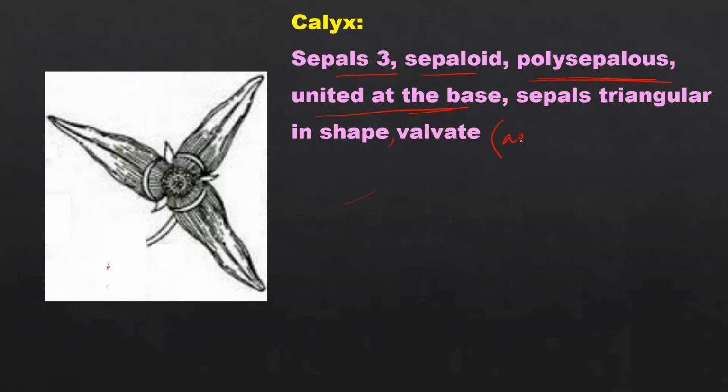Valvate, of course, you know. What is this valvate? This is aestivation. No confusion, I suppose. These are often brown, yellow, or greenish in color. Fine.